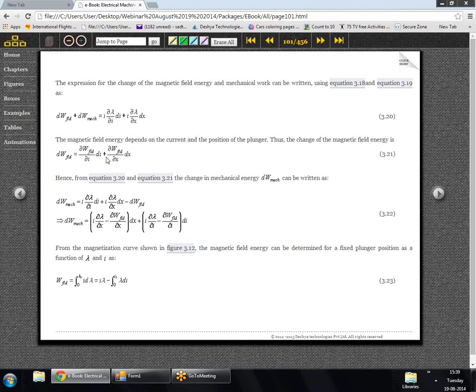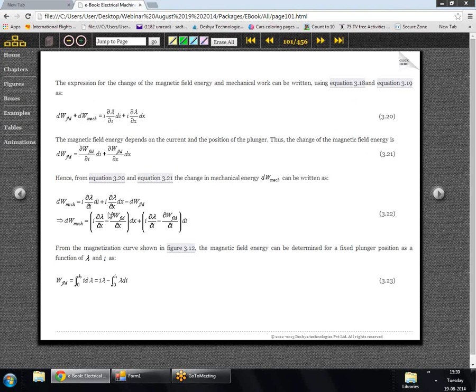Now what we do is we write down the mechanical energy, which was given in 3.20, in the form shown in 3.22. So from equation 3.20, I take the field energy from the left part and take it to the right hand side, and I substitute for dWFLD the differential field energy from equation 3.21.